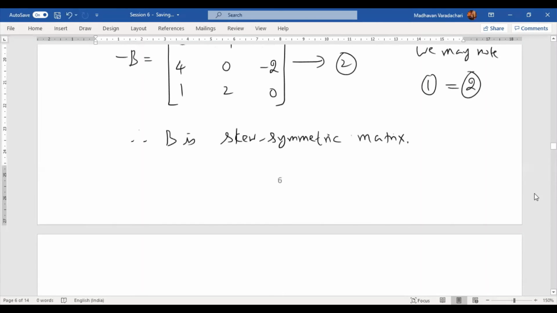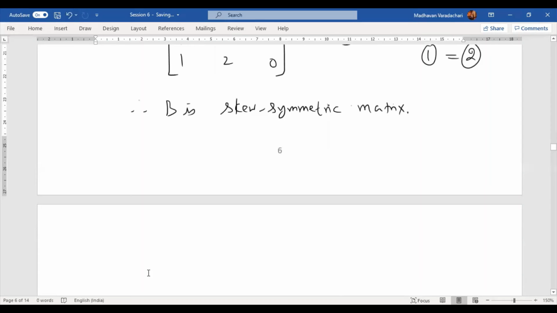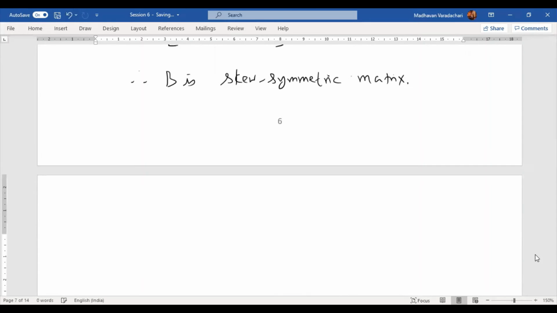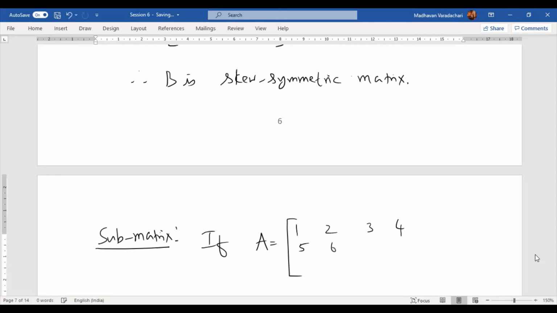Right. So let us move on to the next type, which is called a submatrix. Let us say A is a matrix: 1, 2, 3, 4, 5, 6, 7, 8, 9, 10, 11, 12.